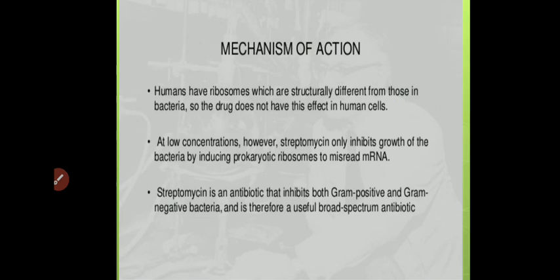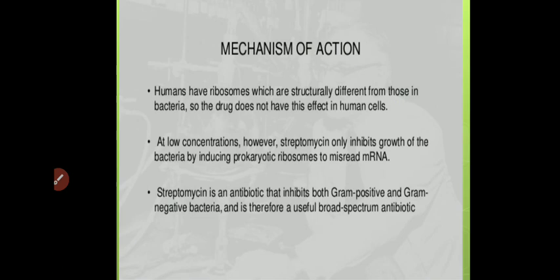If we consider human beings, humans have ribosomes which are structurally different from those of bacteria. The ribosome of human beings is completely different from the ribosome of bacteria. The bacterial ribosome is 70S type and the human, or eukaryotic, ribosome is 80S type. So streptomycin does not have any adverse effect on the human cell.